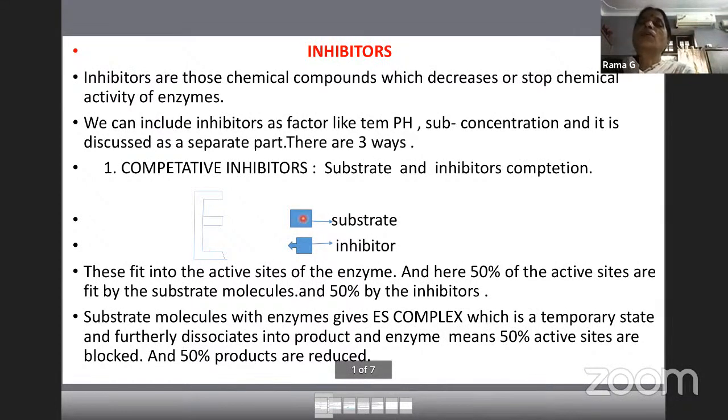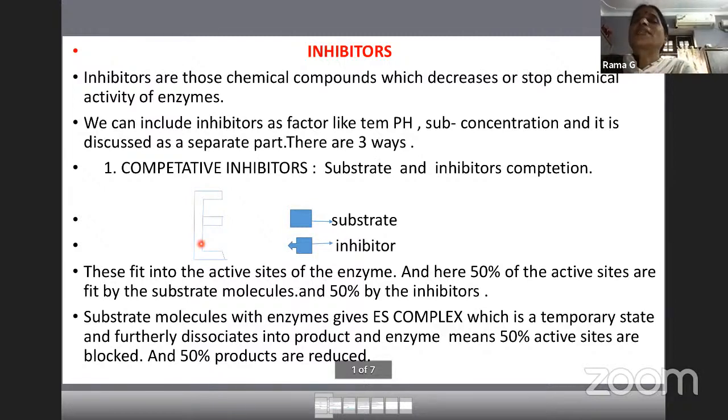That means the substrate molecule goes and enters into this active site, and the inhibitor takes the site of this one. So 50% of the active sites are occupied by substrate molecules. By that, chemical reactions take place in their way, and 50% of the active sites are occupied by inhibitors.